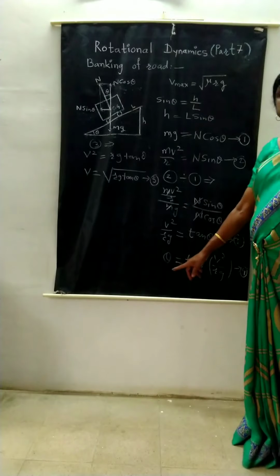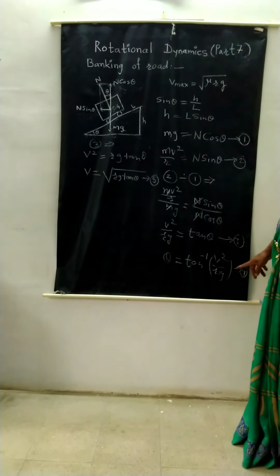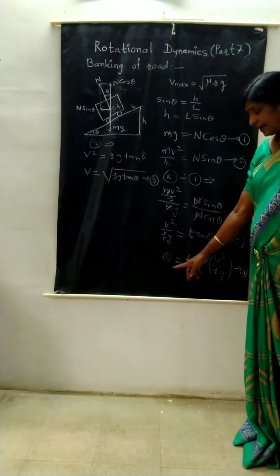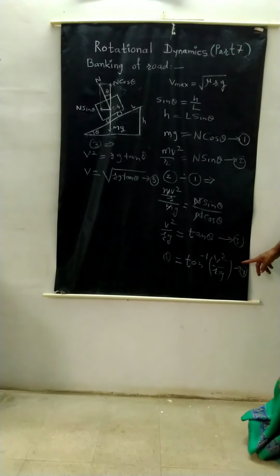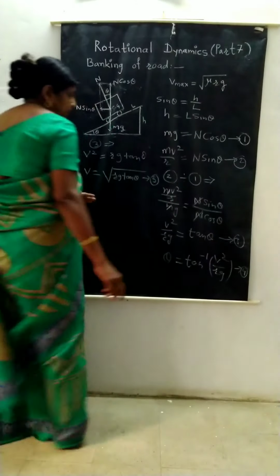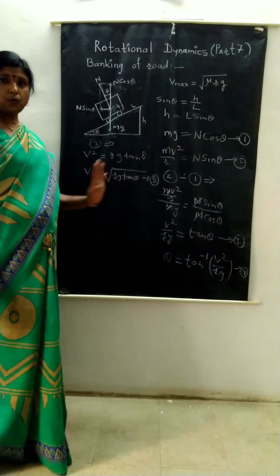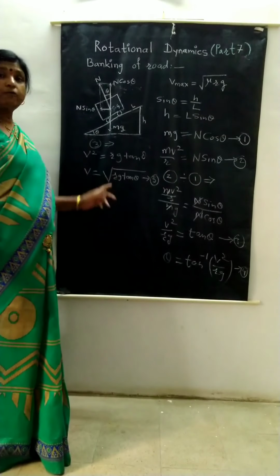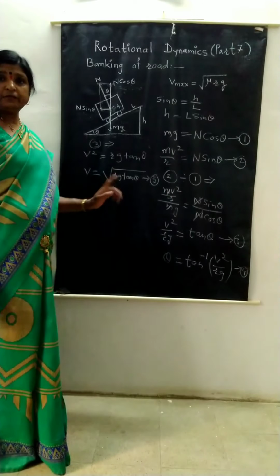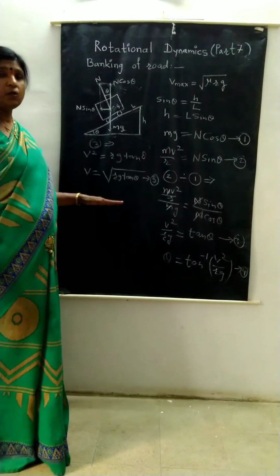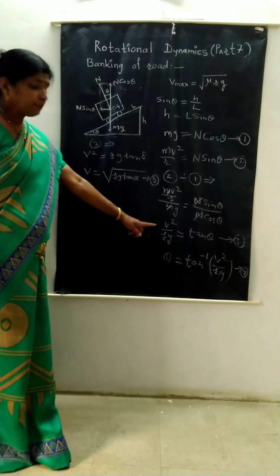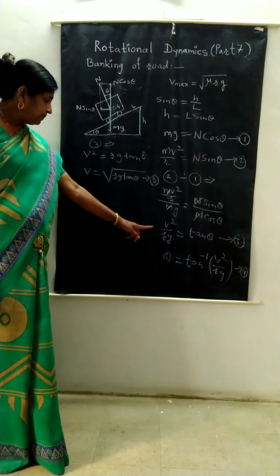Whenever the engineers construct a bank road, in order to find the angle of banking, this equation will be very helpful. Now what is the speed? Once we have banked the road, then we have to find out the safe speed with which the vehicle can be driven on this bank road. For that again we shall use equation number 3.